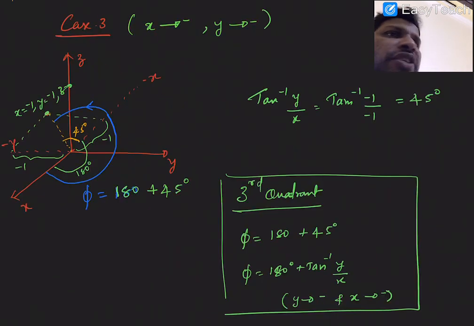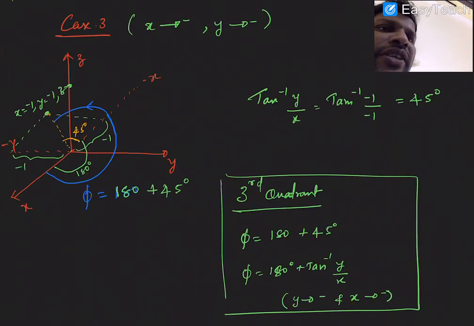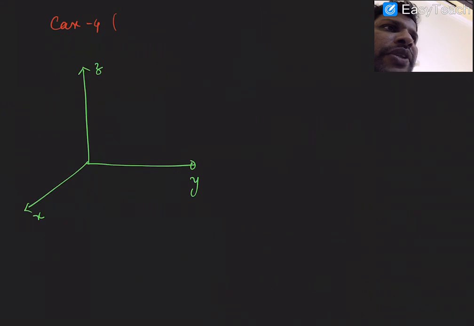Now we will see the situation with the fourth quadrant, that means case number 4. In case 4, this is your z axis, this is your x axis, and this is your y axis. In case 3 you were in the third quadrant. Now in case 4 you have this as minus y and you have this as minus x.